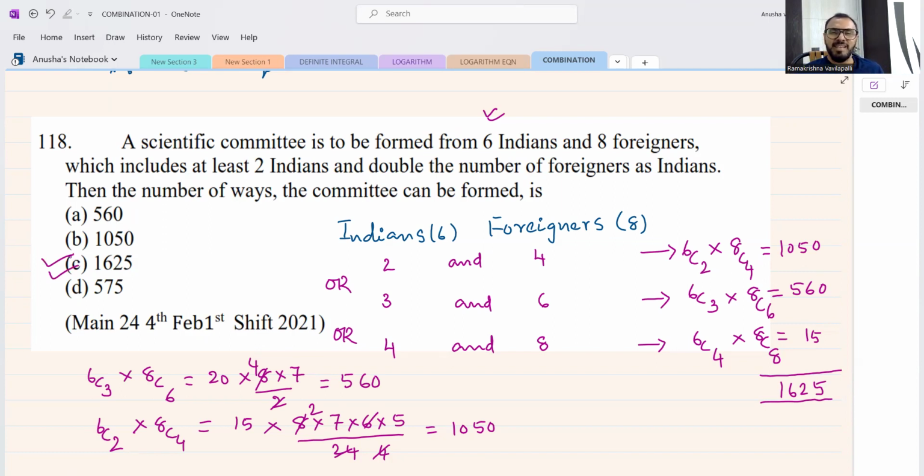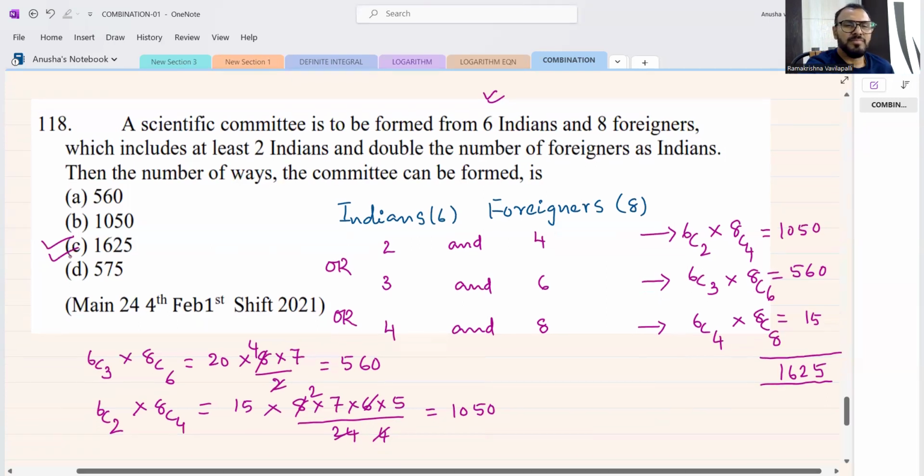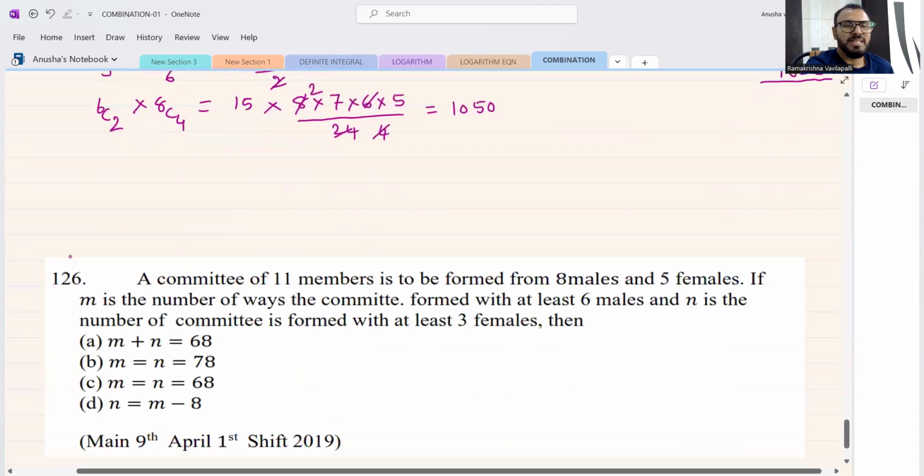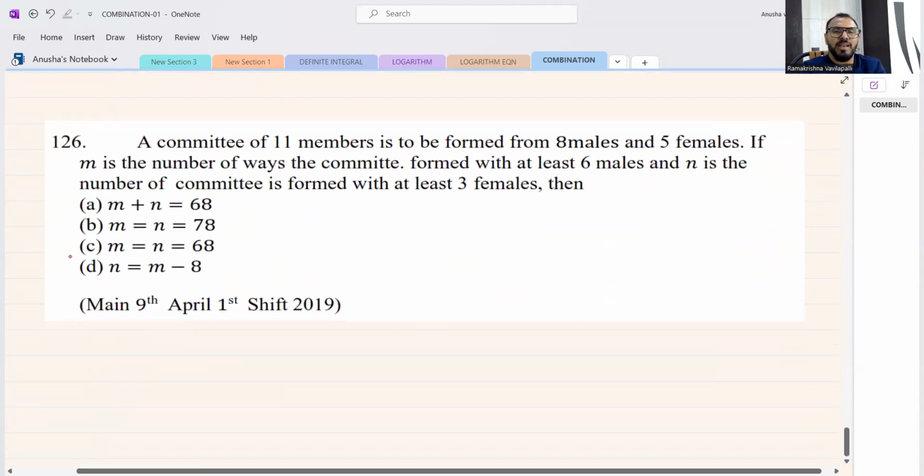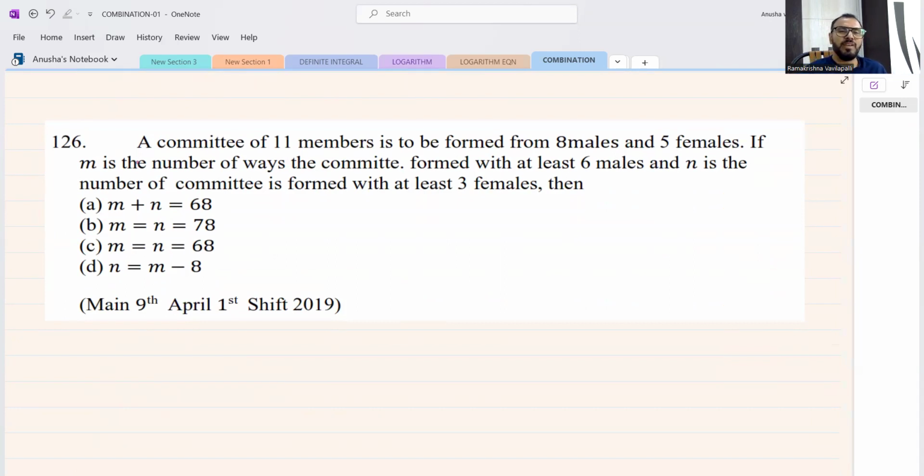Select at least 2 Indians and double up the number of foreigners as Indians. A committee of 11 members is to be formed from 8 males, 5 females.